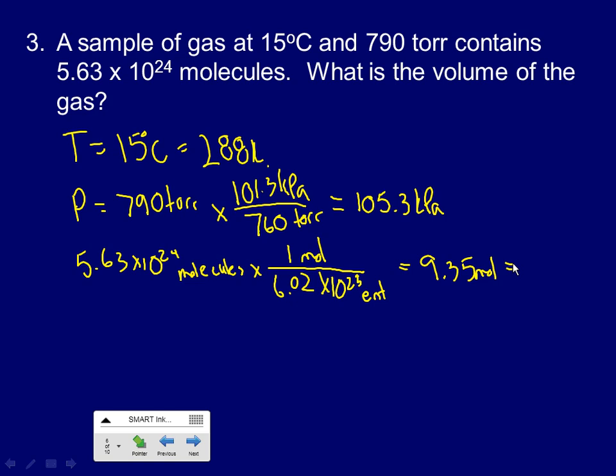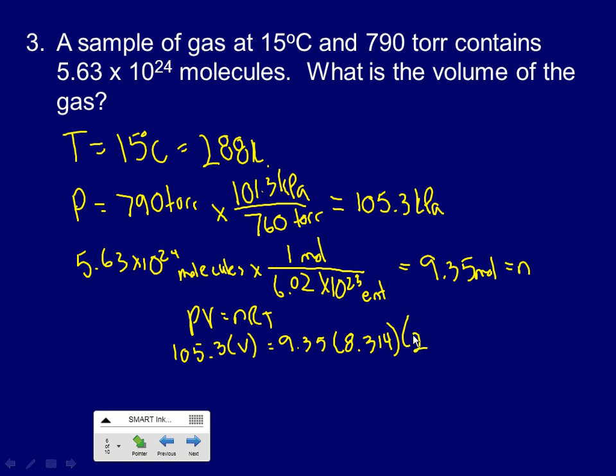And that is n. So we've got T, we've got P, we've got n. We should be looking for V, and we are. So PV equals nRT. I'll rewrite it. PV equals nRT. Pressure, 105.3. We're looking for V, 9.35, 8.314, 288, right?